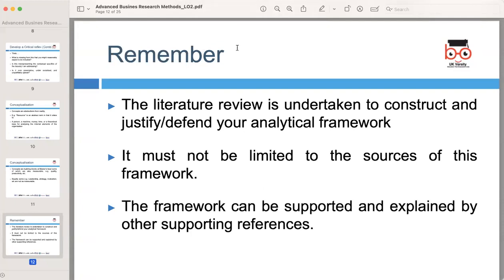In simple terms, it is a critical evaluation and summary of the existing knowledge and research on a particular topic. When conducting a literature review, we delve into various academic sources such as research papers, books, and scholarly articles to gather information and insights.